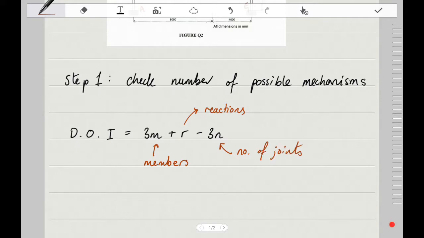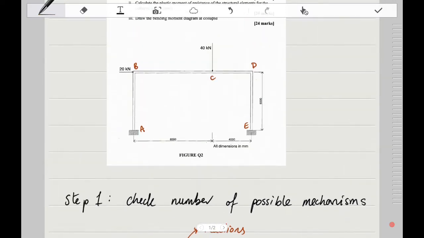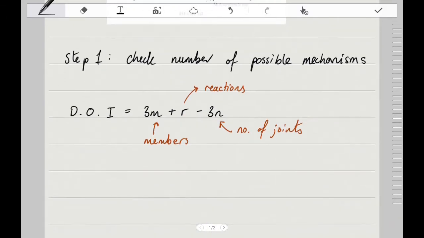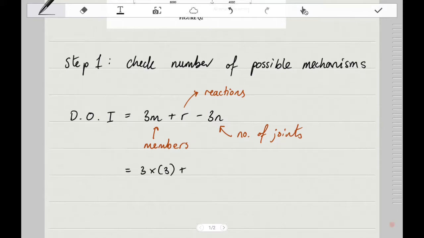Okay, so let's flip back. So how many members do we have? Well, we have 2 vertical members and 1 single horizontal member. So we know that we're going to have 3 multiplied by 3 plus the number of reactions.